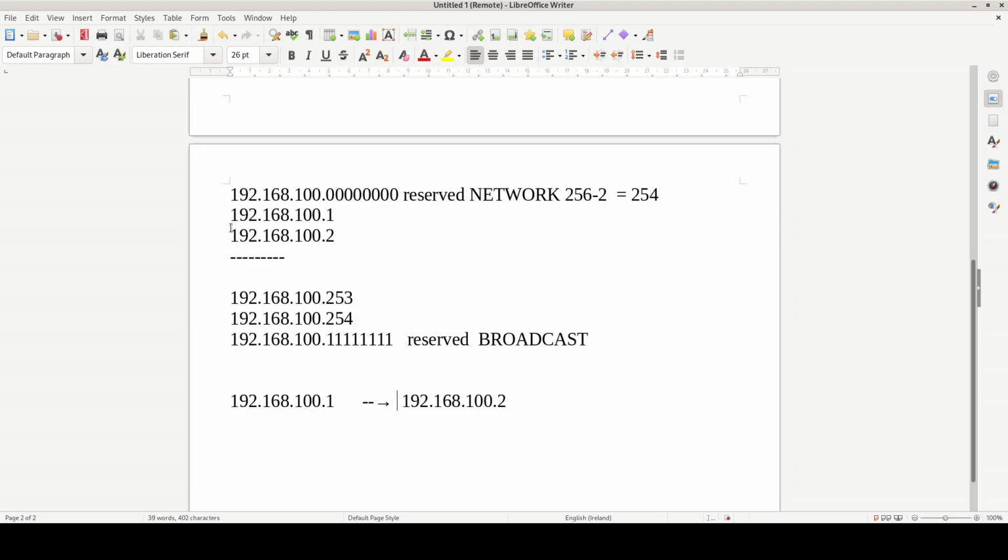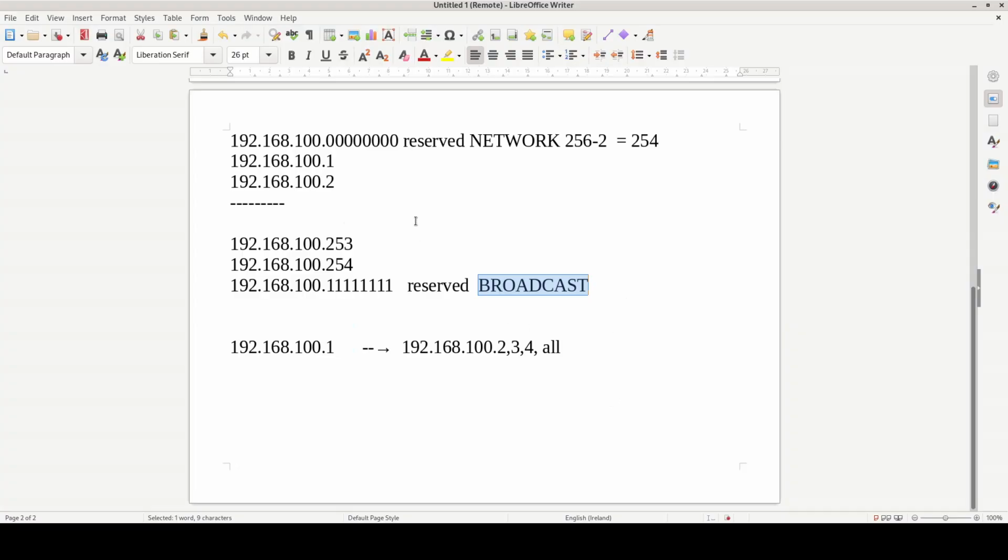It can send it, that is fine. But when it wants to send a message to all in the same network, then it is going to use the broadcast address. That is the main concept of broadcast here.